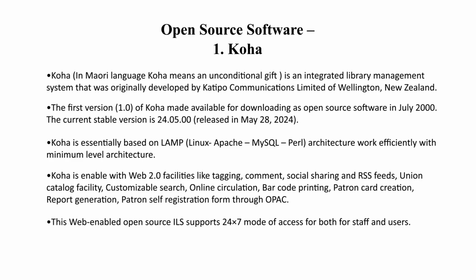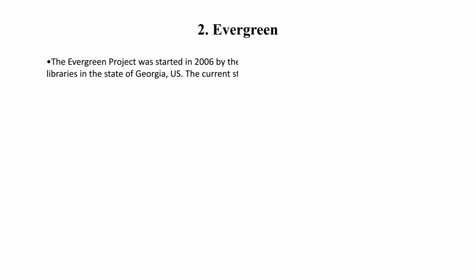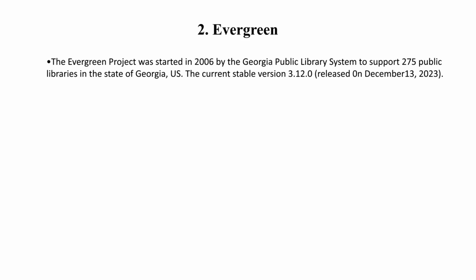The next one under the category is called Evergreen. Evergreen, basically a software, comes in the form of a project that was started in 2006 by Georgia Public Library System to support 275 public libraries in the state of Georgia, USA.